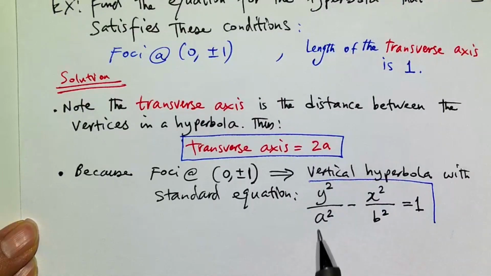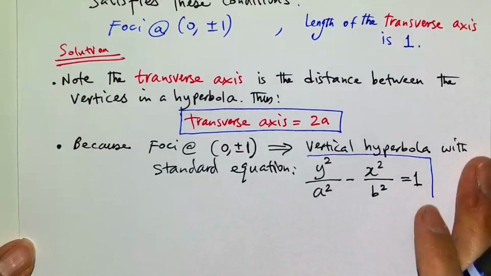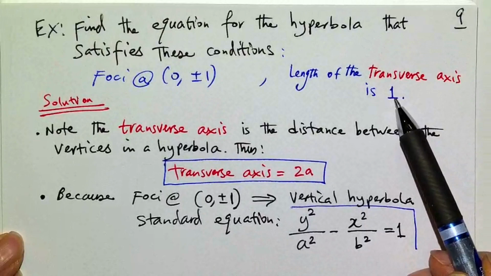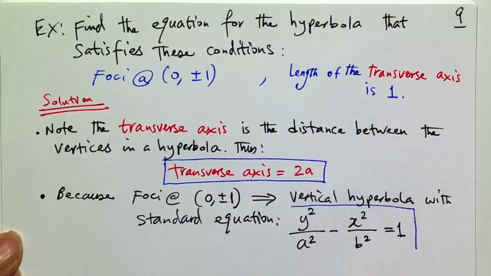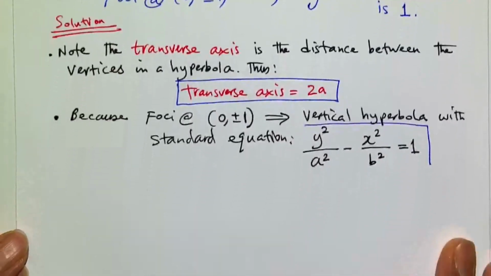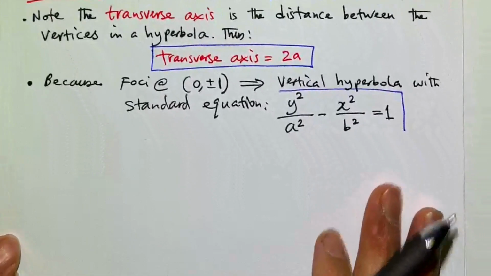And of course, we need to find a squared and b squared. So from the transverse axis, because we know it's equal to 1, we know 2a equals 1. From that equation, we can find a squared. Let me write that down.